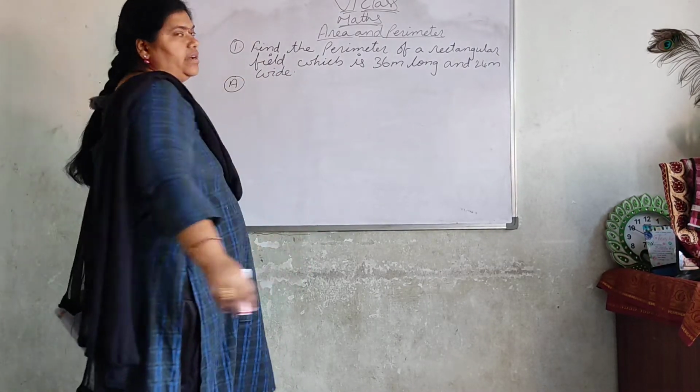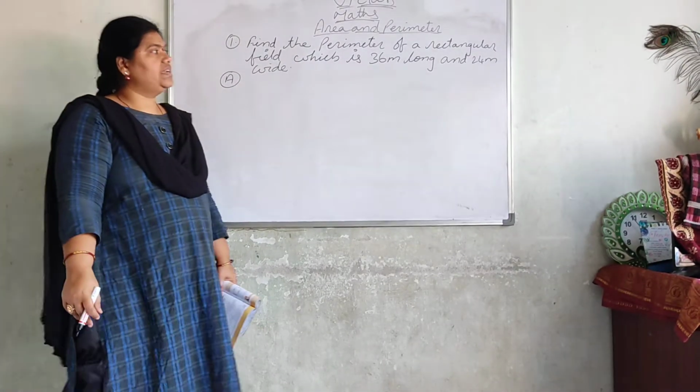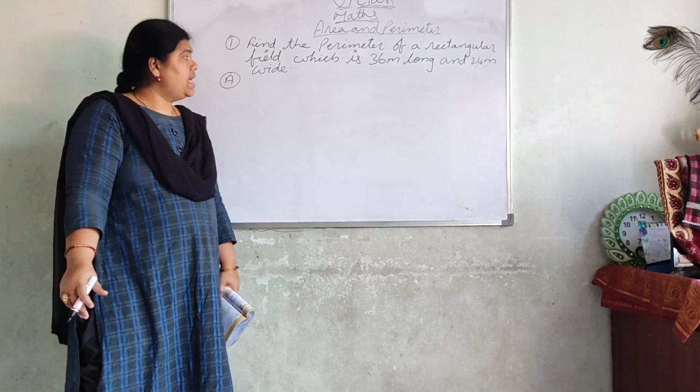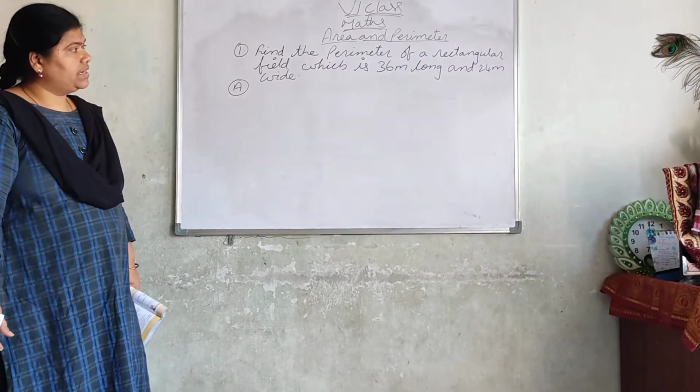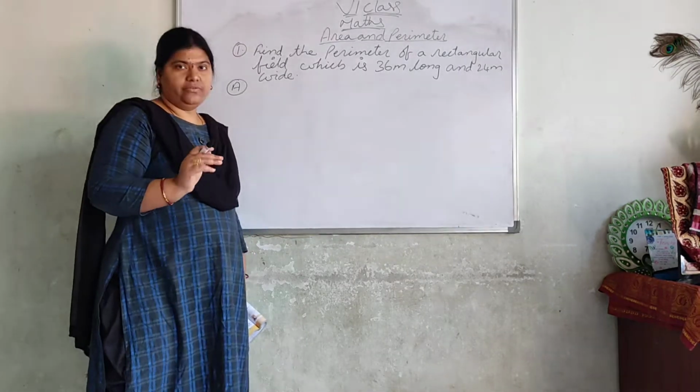So see the question here. Find the perimeter of a rectangular field which is 36 meters long and 24 meters wide.